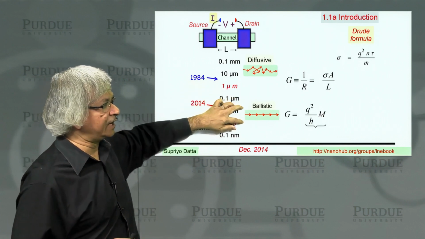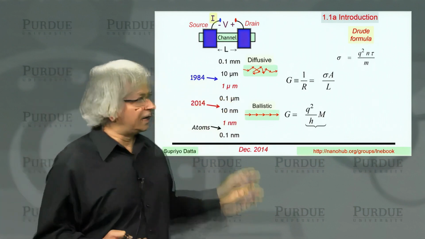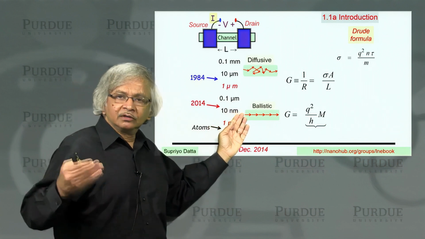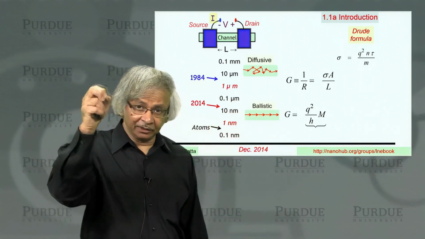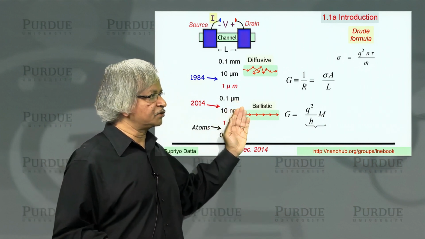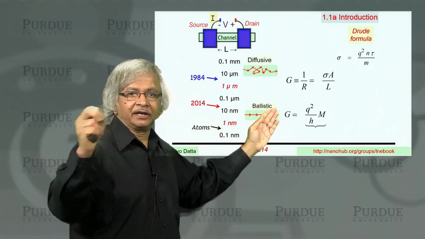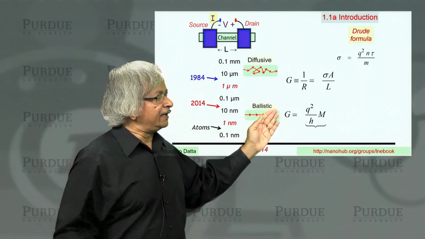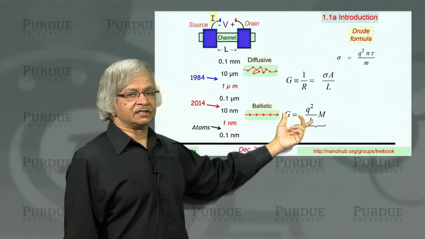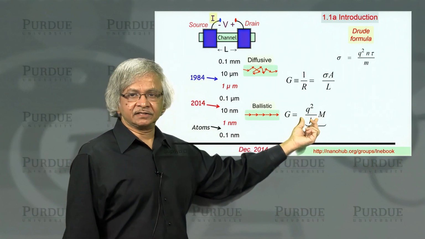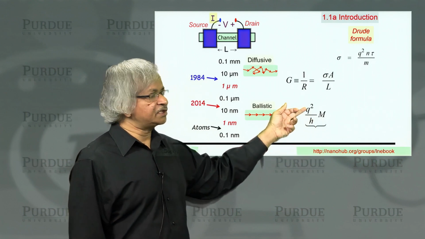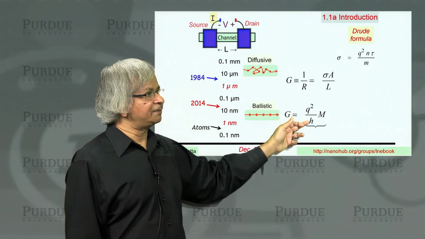We start at this end where the flow of electrons is more similar to what you might call ballistic. Ballistic means like a bullet, as if it goes through from source to drain straight without hitting anything. And in this case, the conductance, what is now established, can be written as this fundamental constant. You see, q is the charge on an electron, h is Planck's constant.